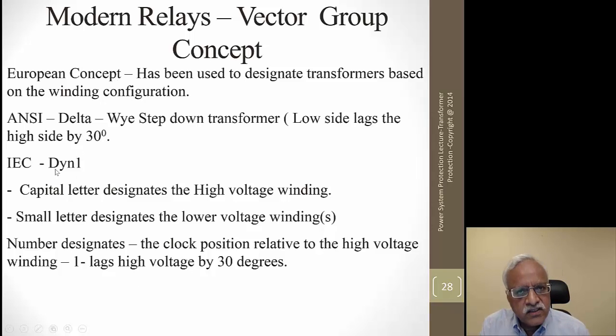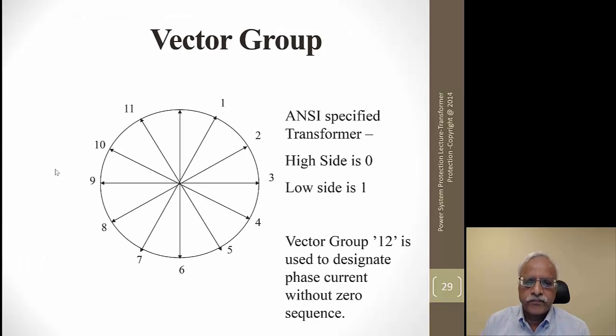Now ANSI, the American National Standards, also designates the winding phase relationship with the same numbers. They have harmonized the standards with IEC. So here you have this position as 0 or 12, 12 o'clock of a clock, and you have got 1.